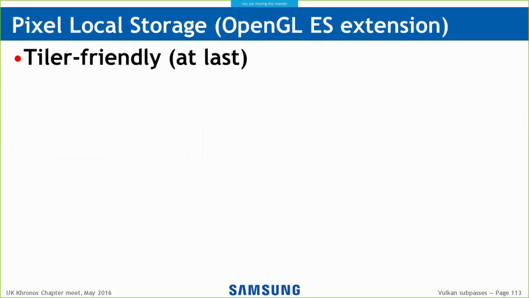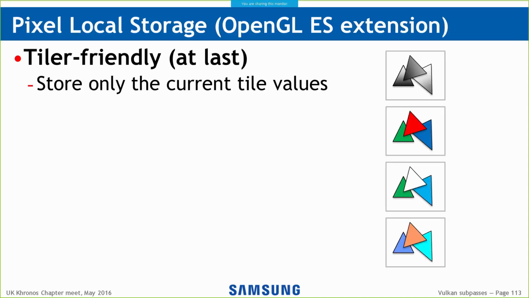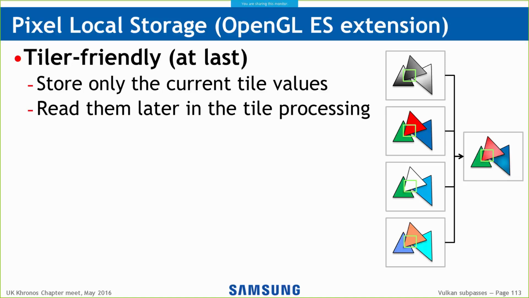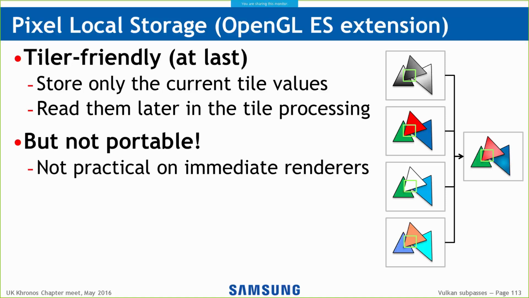Now, pixel local storage came from ARM, so I think we can mention it here as a friendly thing. The idea is that you're doing the rendering for all of these frames, but you're only storing the value for the tile that you're currently working on, because those are the only pixels you care about, and you pull them back again when you need to consume that to do your final render. But it's not that portable, although it is implemented on quite a few people's hardware now.